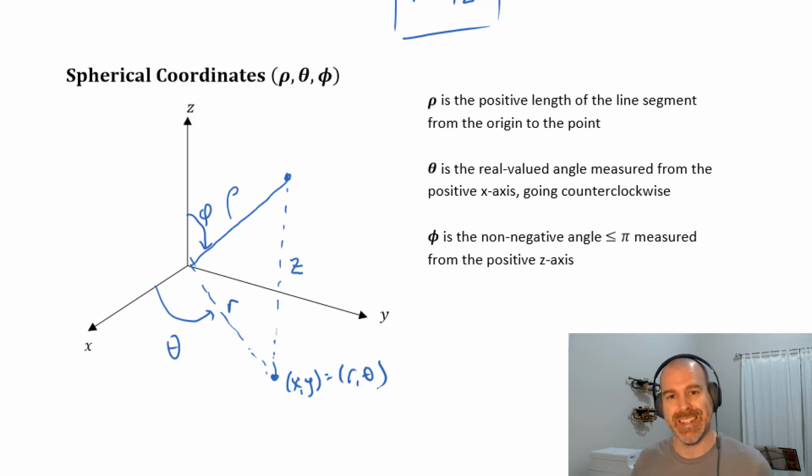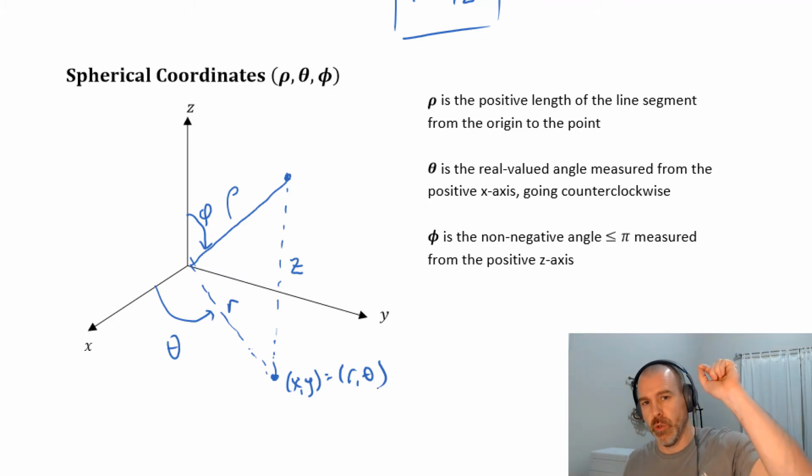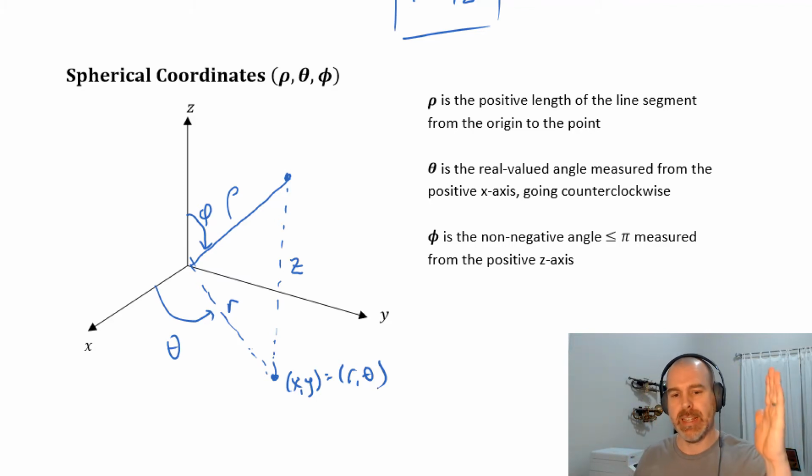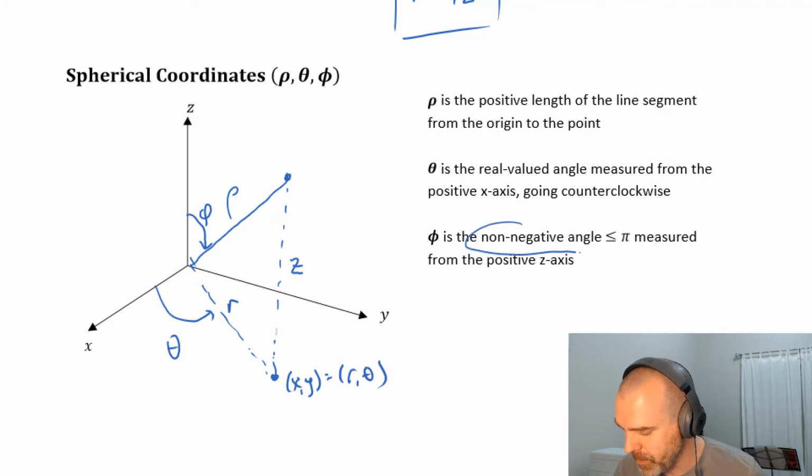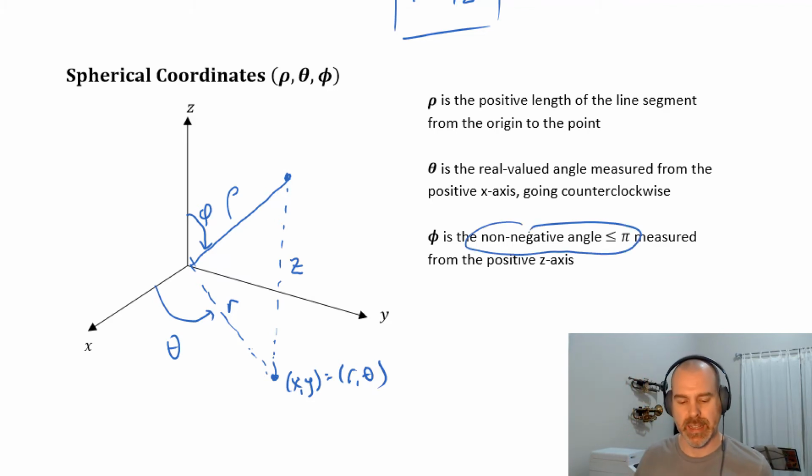The rho is the distance from the origin directly to the point, and then the phi is the angle from the positive z-axis. And phi will always be a non-negative angle, and it's less than or equal to pi. So you're not going to swing all the way around. It would be positive, but then on the other side.